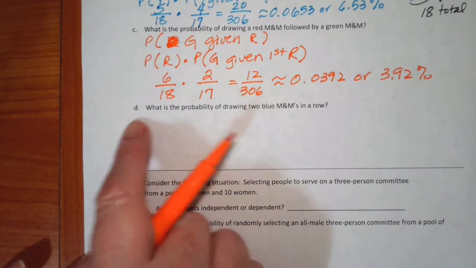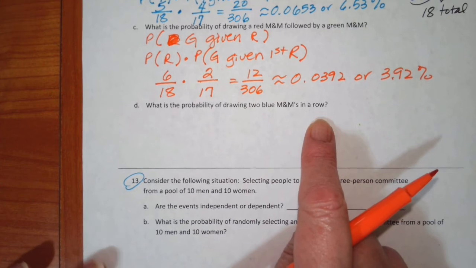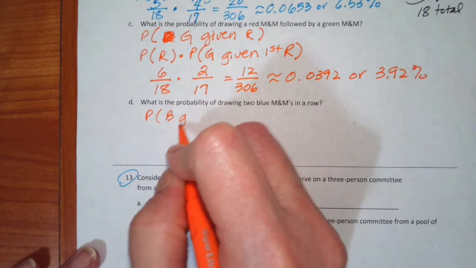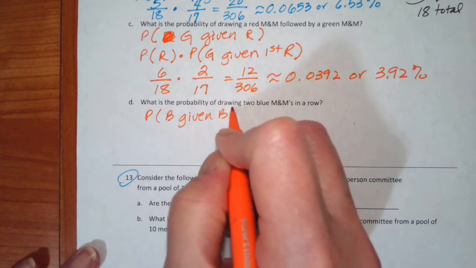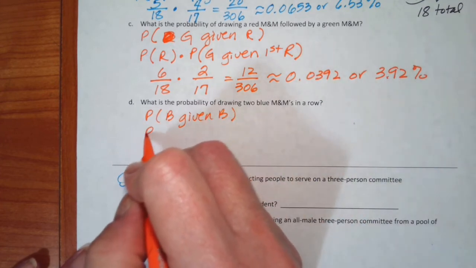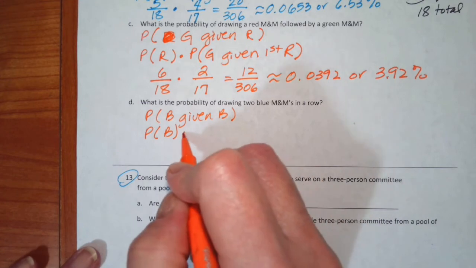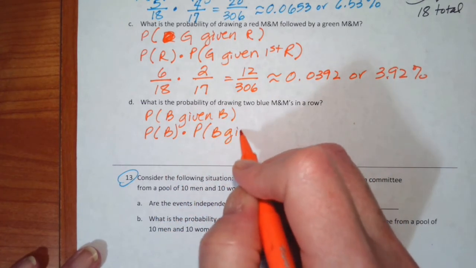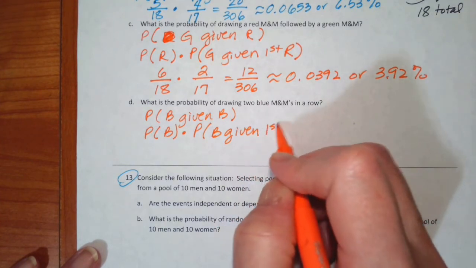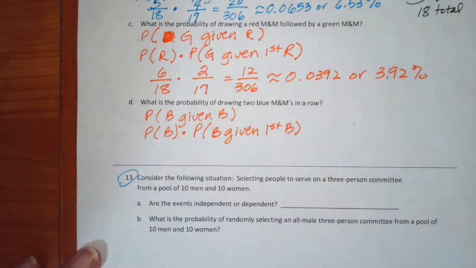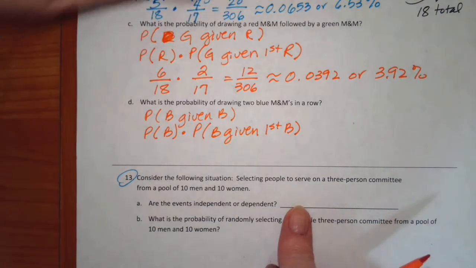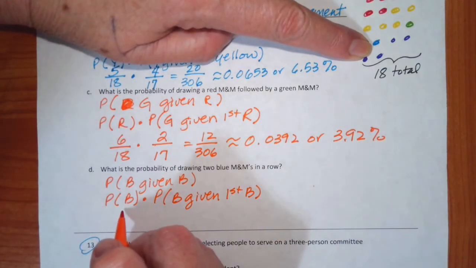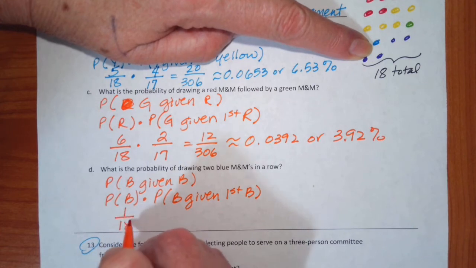Okay, so what is the probability of drawing 2 blues? So I need the probability of a blue given a blue. So that becomes the probability of a blue times the probability of a blue given the first blue. Okay, well, let's look at our M&Ms here. We have 1. So the probability of a blue is 1 out of 18.